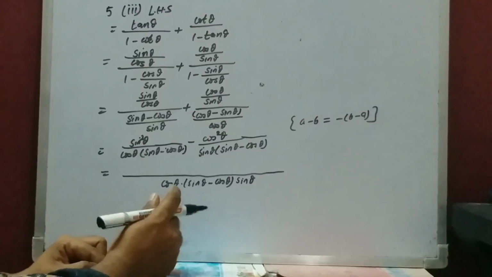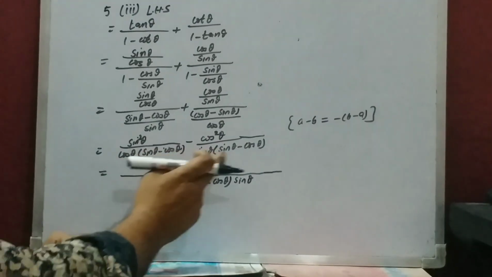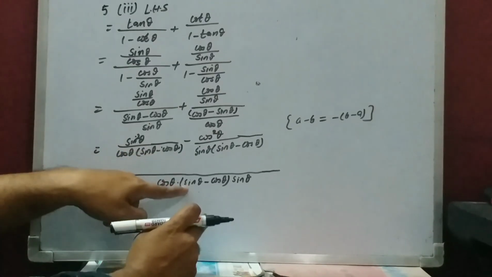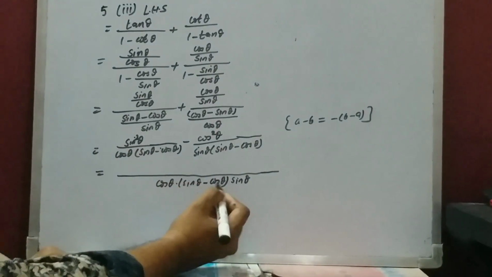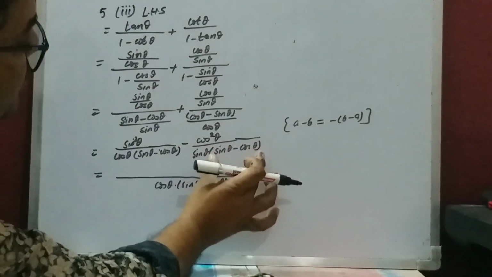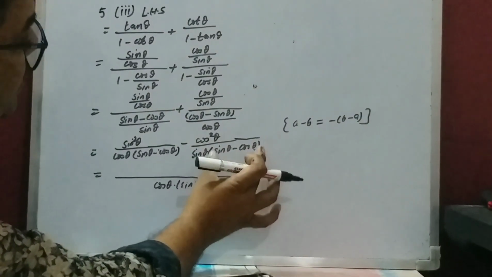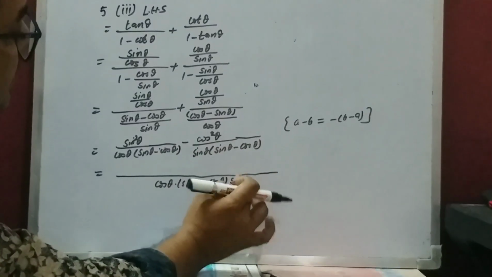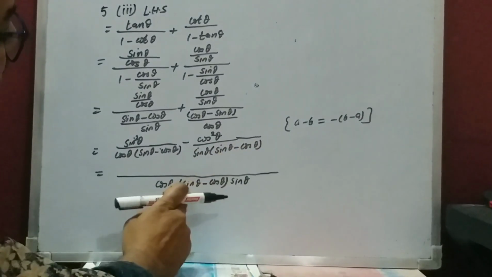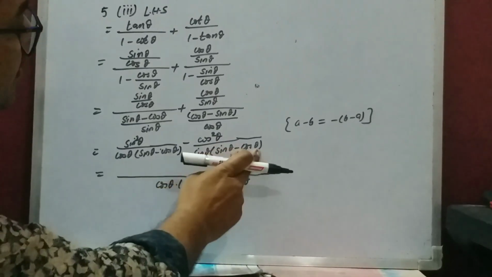Again, I am describing how you can take the LCM of this and this. First of all, you will write this denominator like this, and you will eliminate the common things from here and the uncommon will be written here. Since sine theta minus cos theta is already written here, it will not be written again.